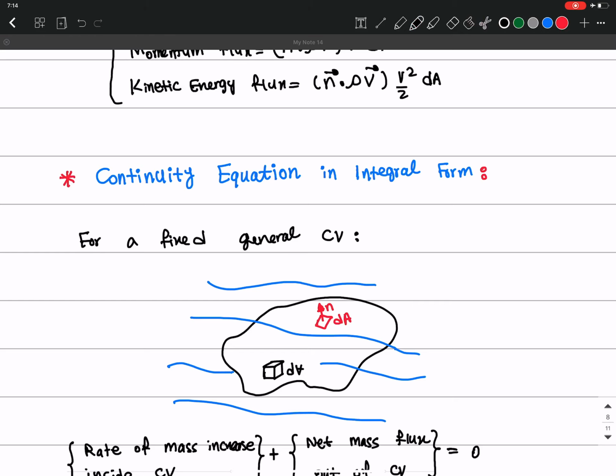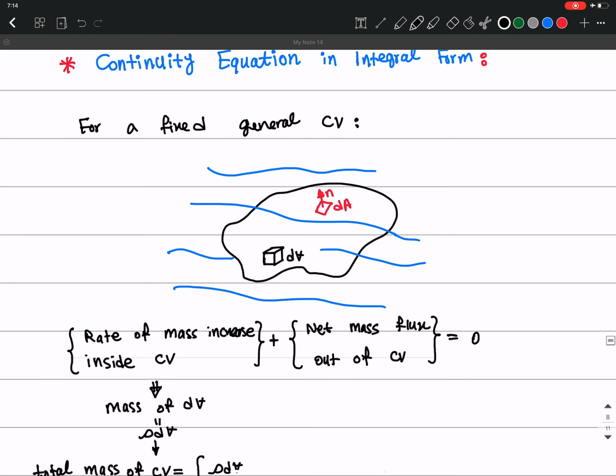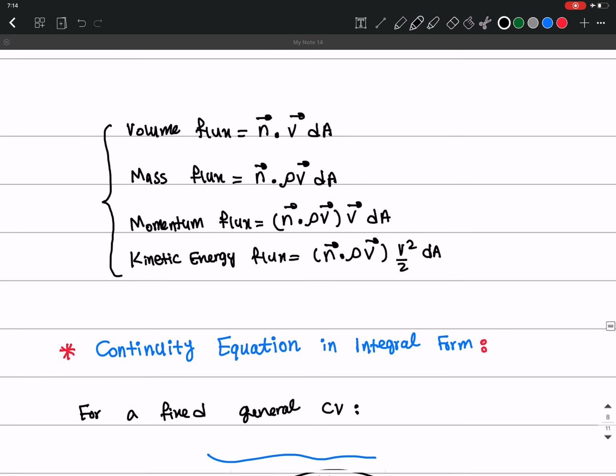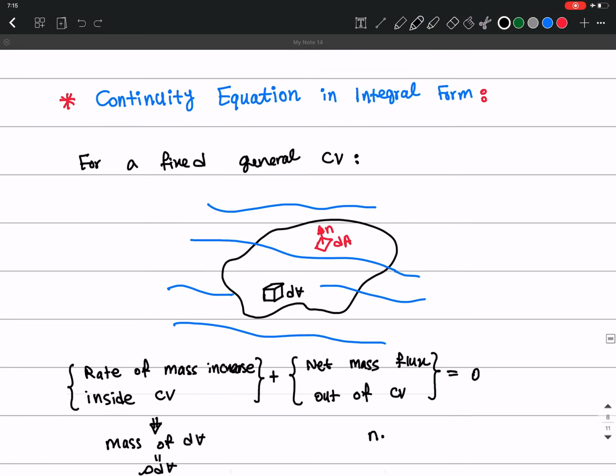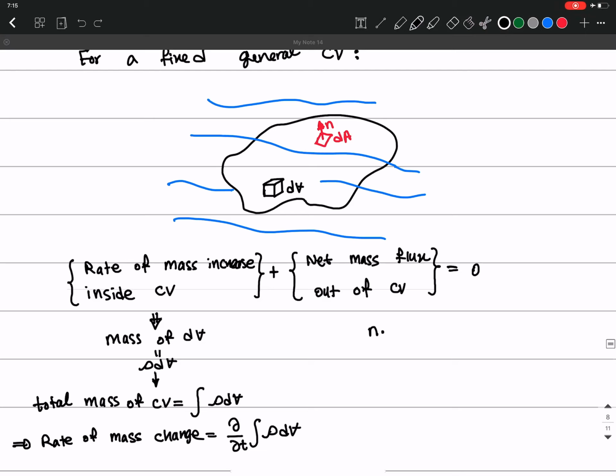And in order to find the mass flux out of this CV just for one element, it is n dot rho v times dA, where v is velocity.